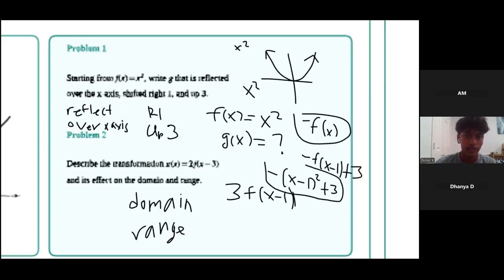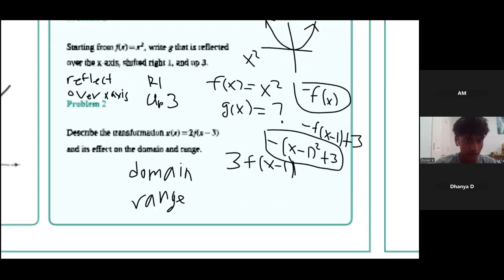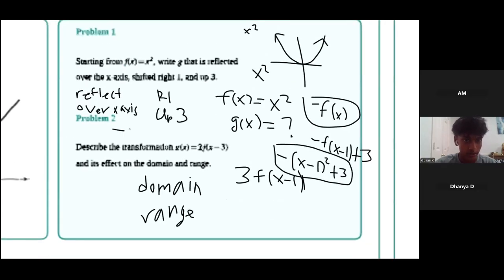Now, one of your guys' answers was negative x squared minus 1 plus 3. And the thing about this is it's a different graph, right? Since x is already squared there, this is the same as saying negative x squared, and then you're just doing minus 1 plus 3.